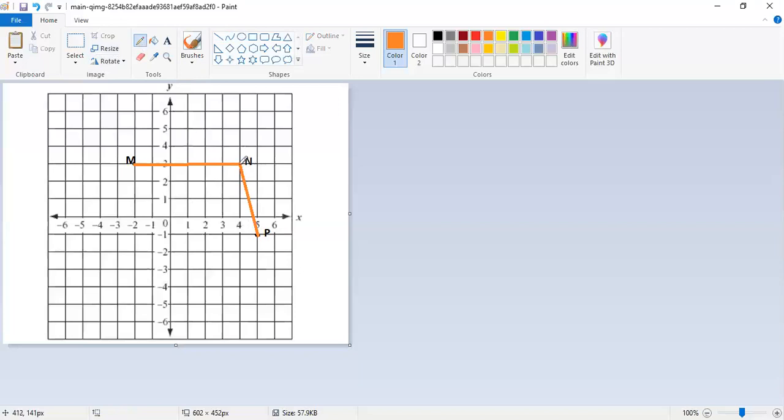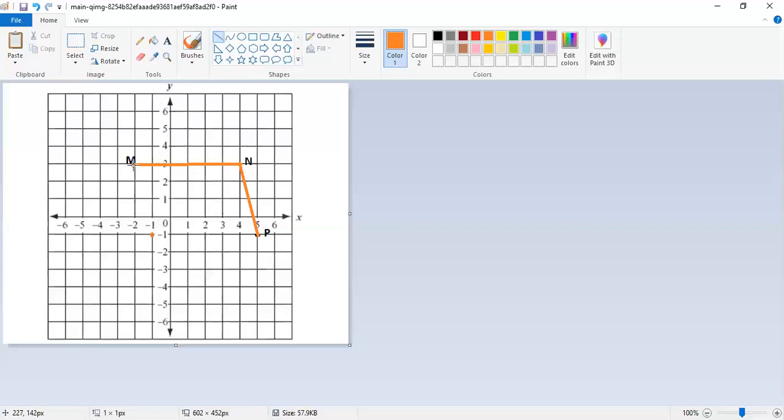From here, you have to come 1, 2, 3, 4 down and 1 to the right. So to get the next point, which is Q, you have to follow the same pattern. Here, how many did we move? It's 1, 2, 3, 4, and then 1 to the right. So we will do the same here: 1, 2, 3, 4, and 1 to the right. So this is going to be our point Q.